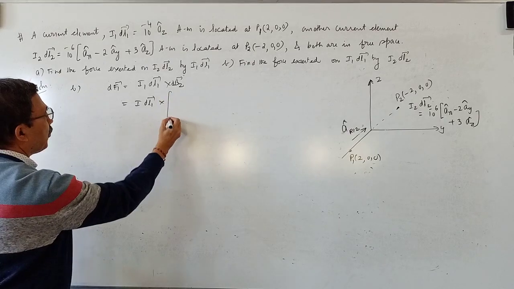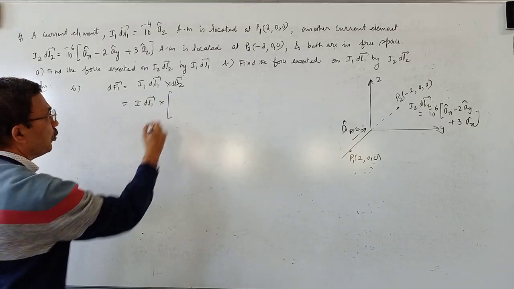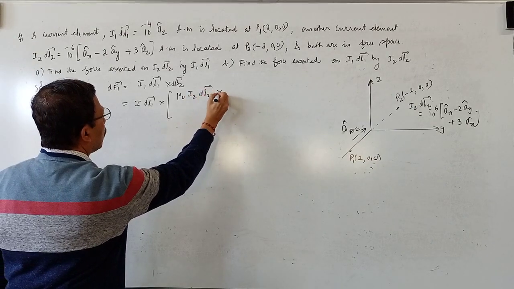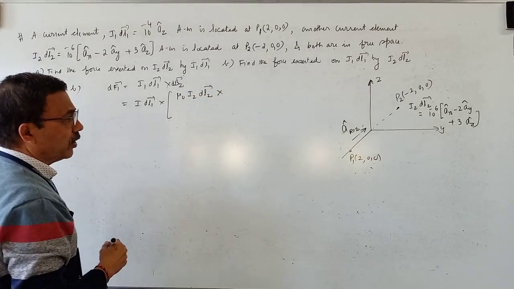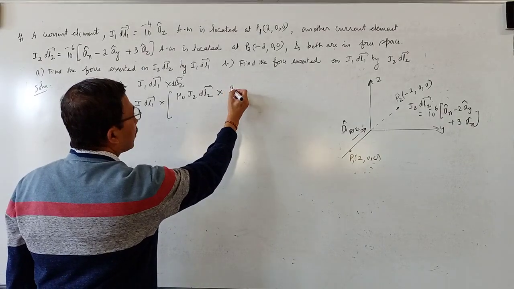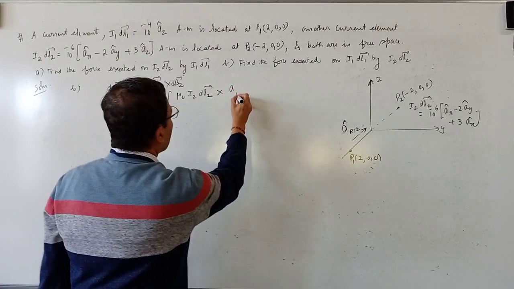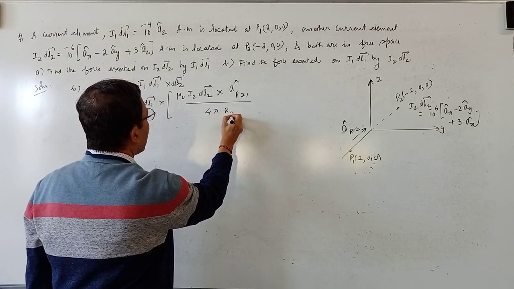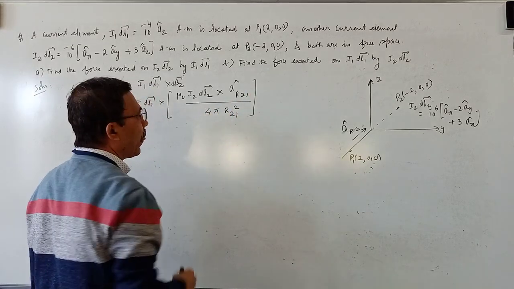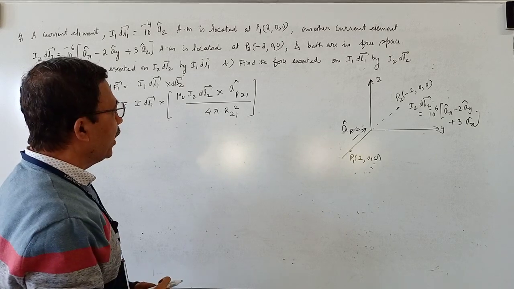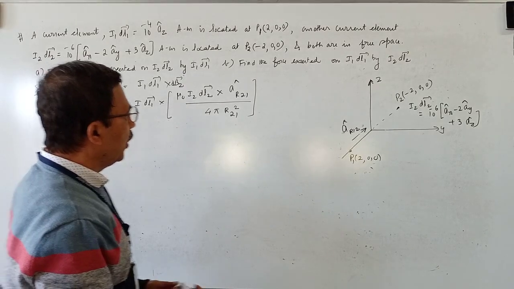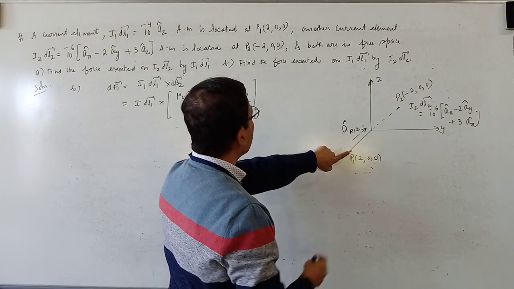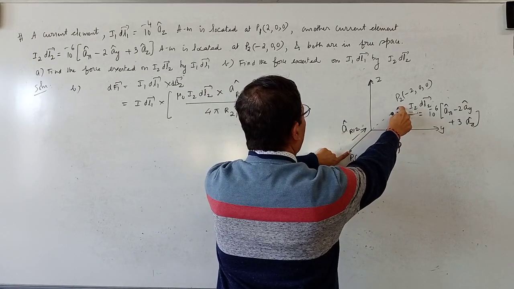So what is vector dB2 in accordance with Biot-Savart's law? It is mu naught into I2 vector dl2 cross unit vector AR21 cap divided by 4 pi R21 square. Please note that the magnetic field is produced at this point by the current element at P2.